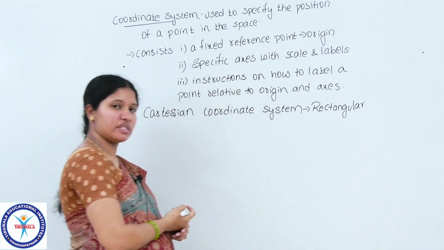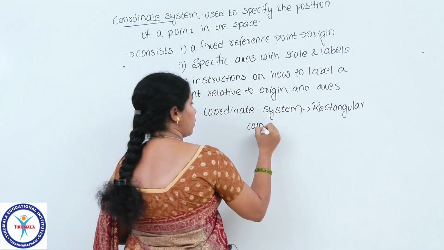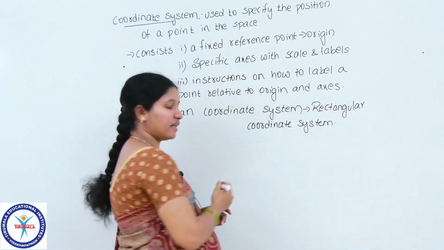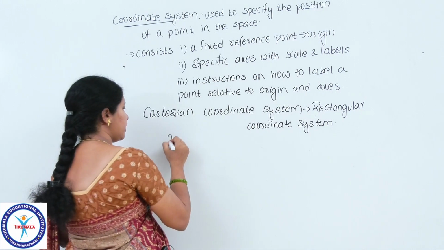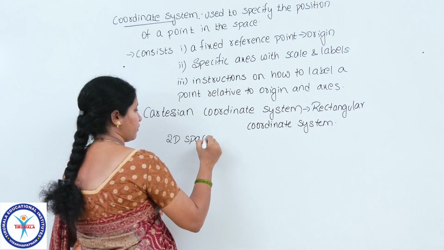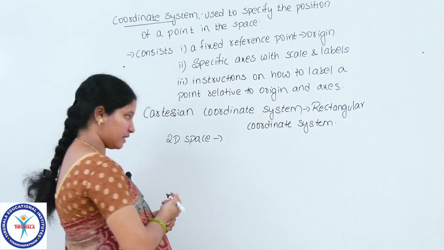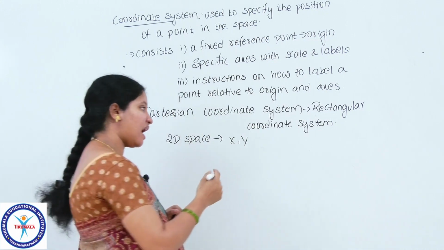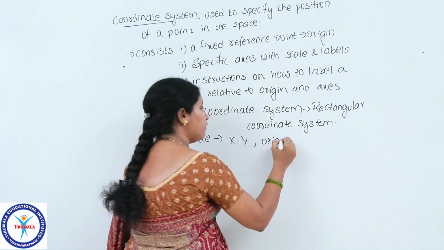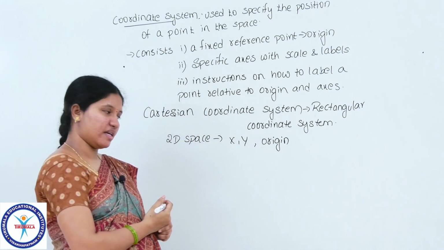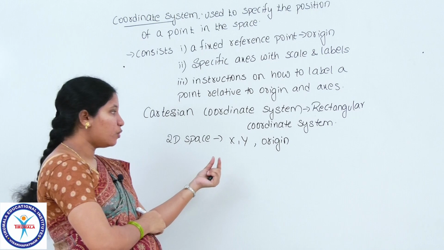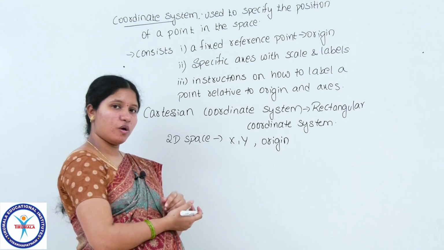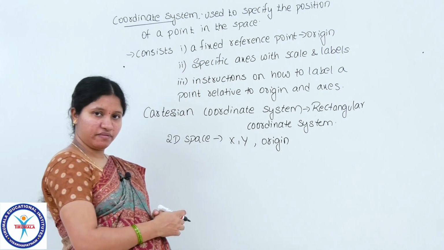If we consider the rectangular coordinate system in 2D space, we will have 2 axes, x axis and y axis, and an origin which is the point of intersection of x axis and y axis, which is nothing but a fixed reference point.